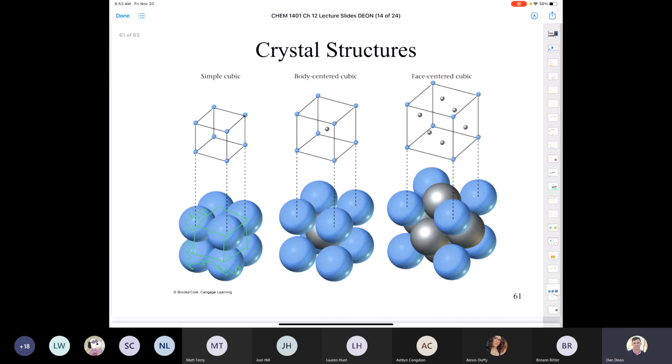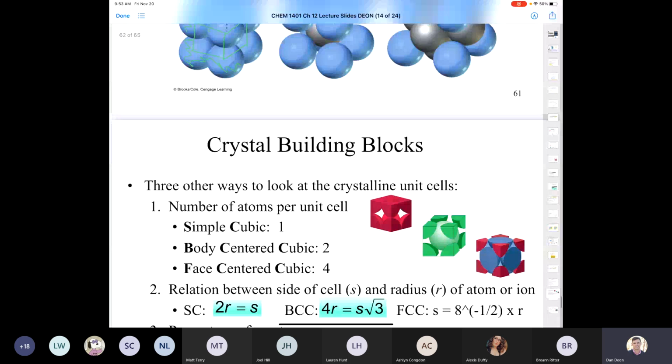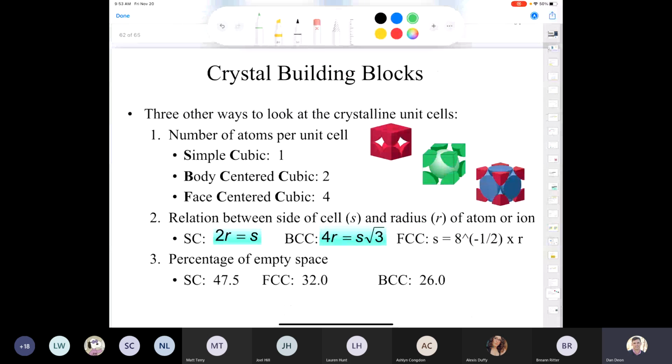So this is what the unit cell will look like for a simple cubic. You're going to have 1/8 of a sphere. Look at this portion here, and we can pick any one we want, but if you just examine this portion right here, you see this shape right here?